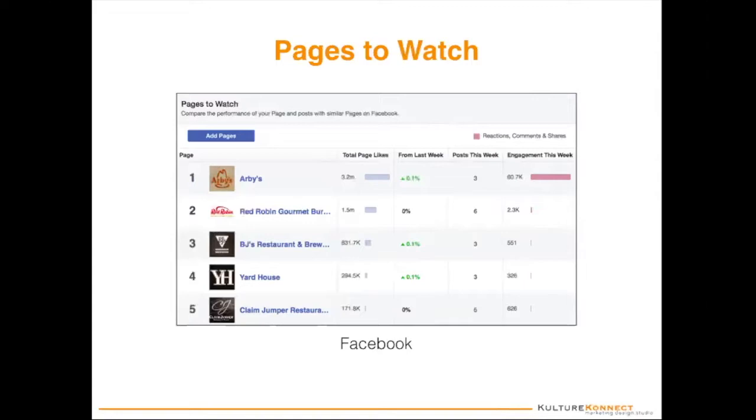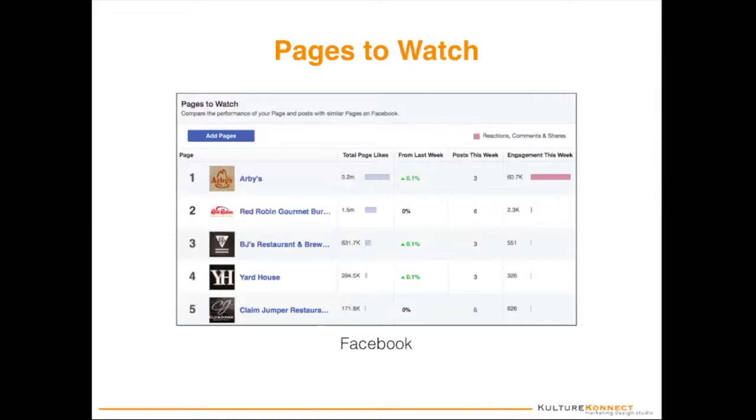If you see this screenshot, we have a few different restaurants that are considered our competitors, so we can really watch what they're doing in terms of likes, what they've done last week, how their posts are performing, what kind of engagement they've had during a certain period of time. And then with this we can go to their page and see really what it is that they're doing.